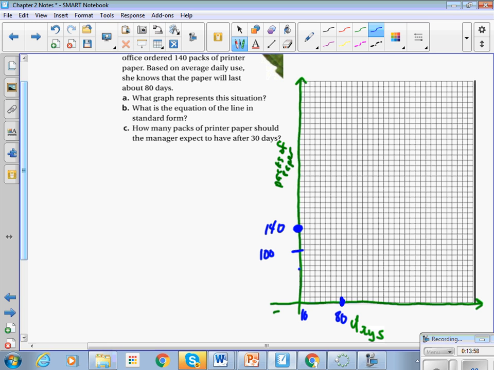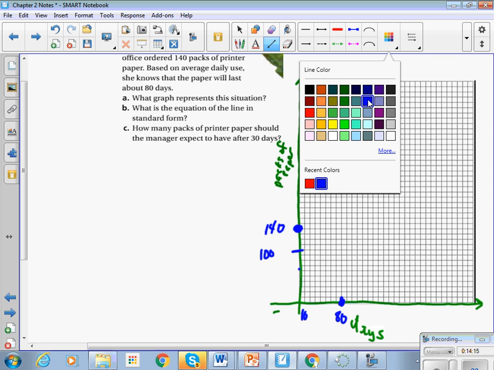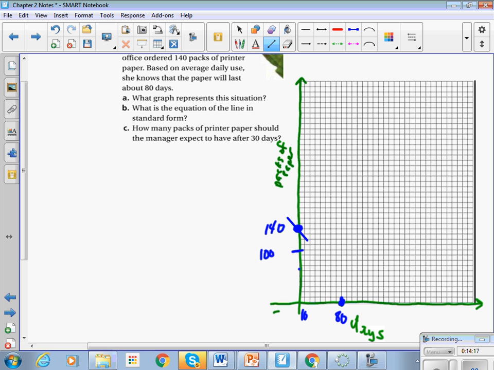So at 80 days, we are down to 0. I'm going to put a nice straight line on there. We'll make it blue.